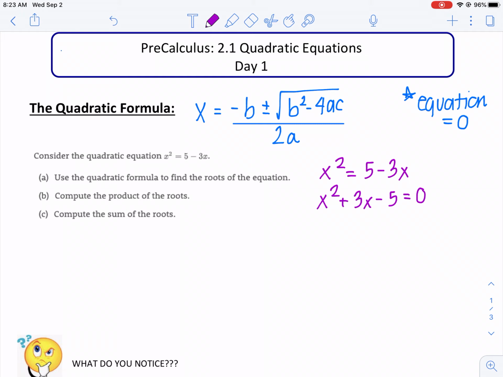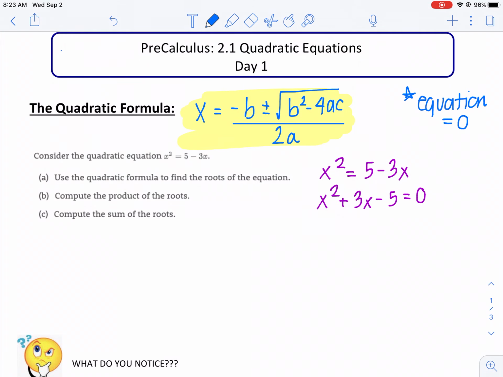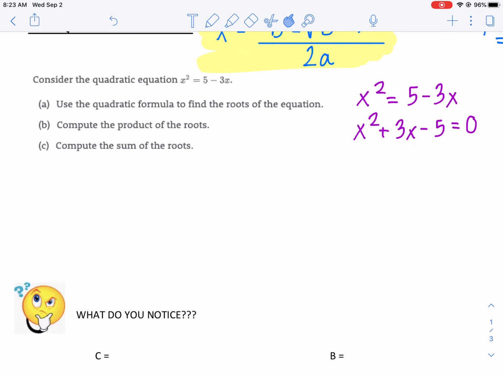Part A, use the quadratic formula to find the roots of the equation. Well, it's nice that it has it equal 0, and I have the quadratic formula right here. So let's take a moment and plug in. Let's have a little more room.